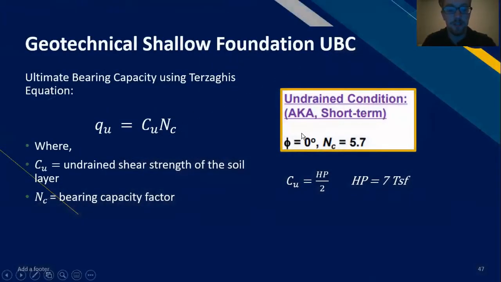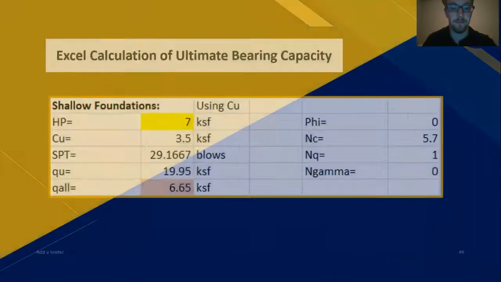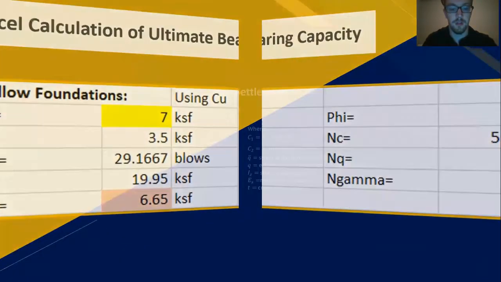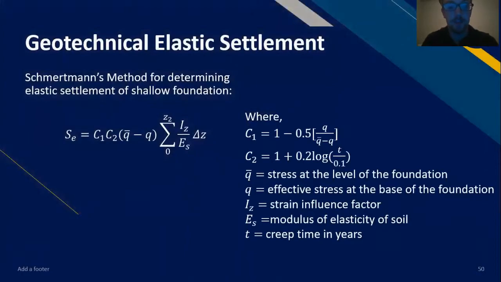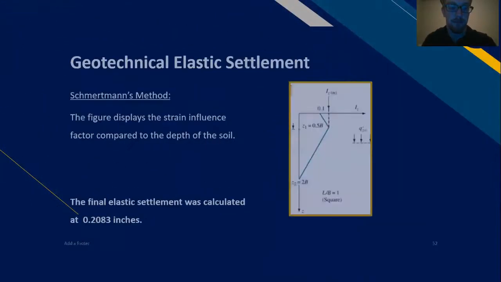For ultimate bearing capacity, Terzaghi's method was used. These slides explain the procedure, and allowable bearing capacity was calculated to be 6.65 kips per square foot. For elastic settlement, Schmertmann's method was used, and the final calculation for elastic settlement was about 0.2 inches.